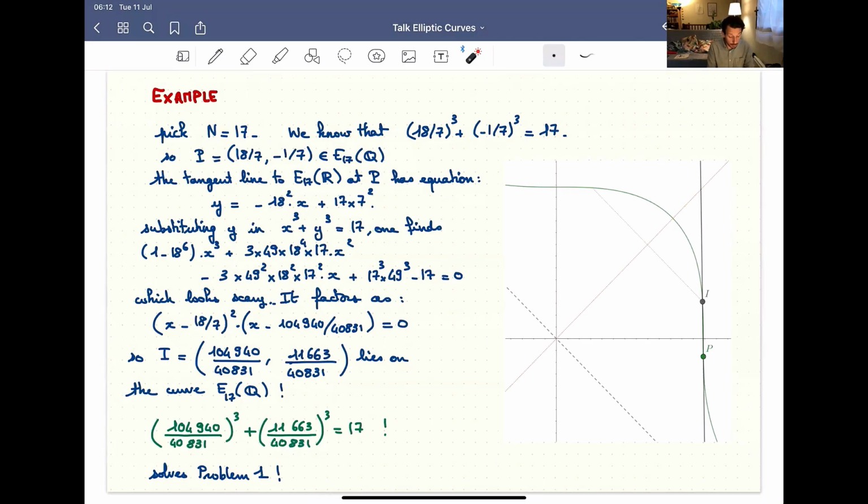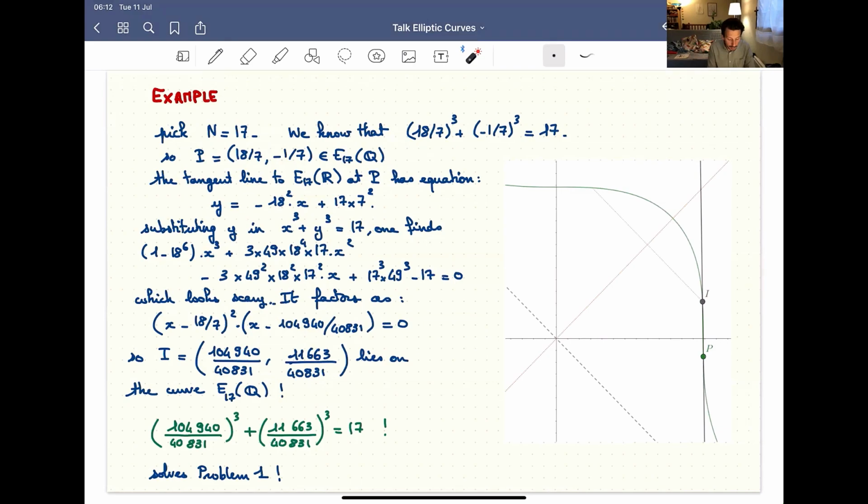It's very explicit here. We know that x equals 18/7 is a solution. It actually appears twice. And then we find a new solution, which is this rational number here.